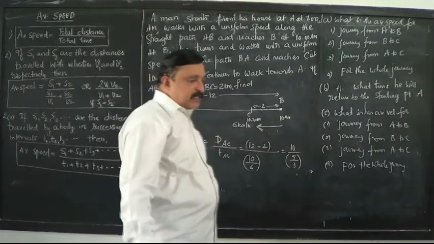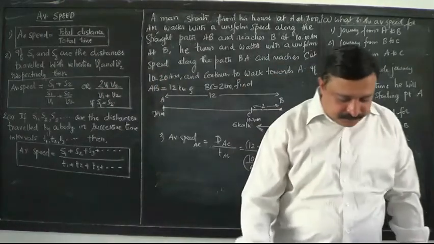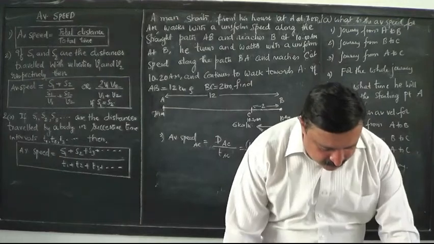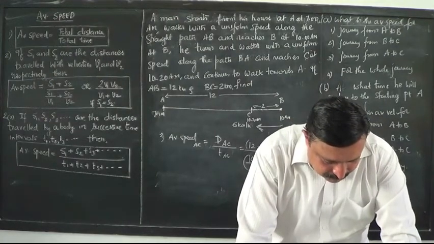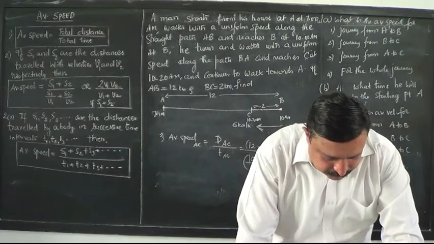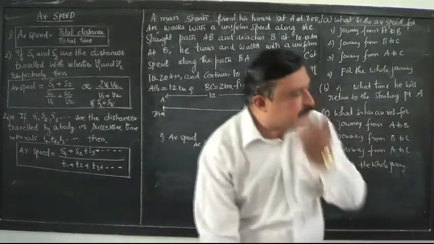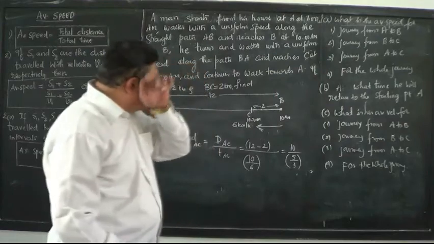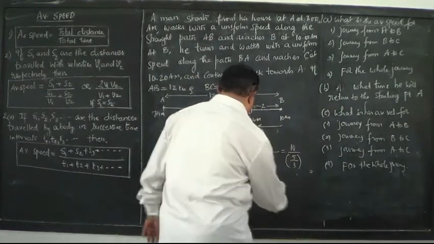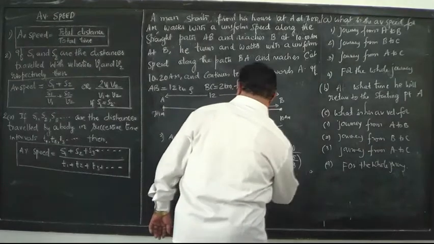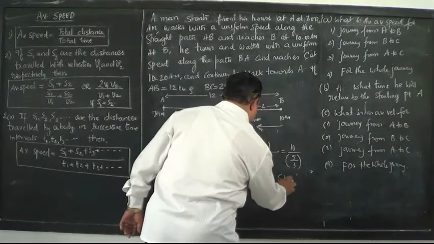Okay, we can just calculate that. Please calculate. So how much do you get? 6 kilometers per hour.